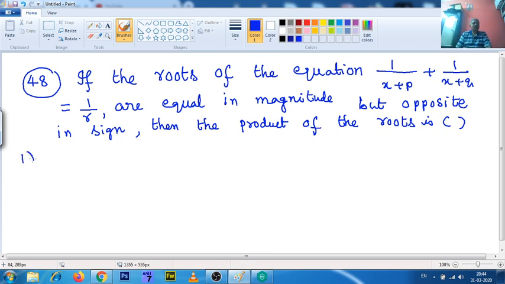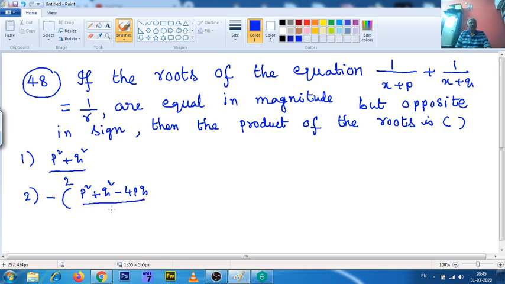The first option is (p square plus q square) by 2. This is actually a tablet, I cannot write as fast as on a board, it takes time, please bear with me. Second option, minus of (p square plus q square), and the font is also very small, minus 4pq upon 2.